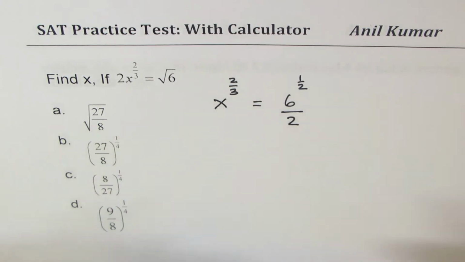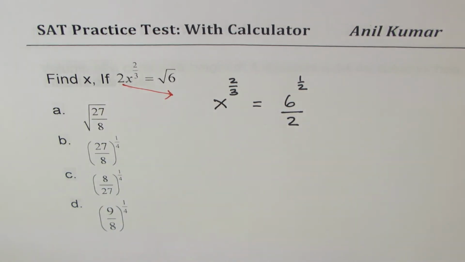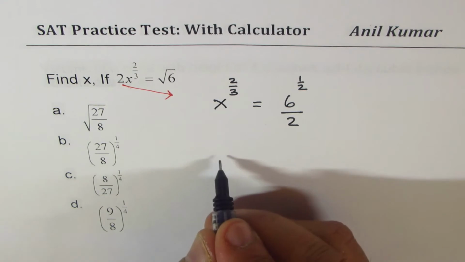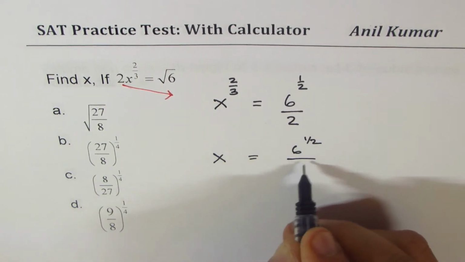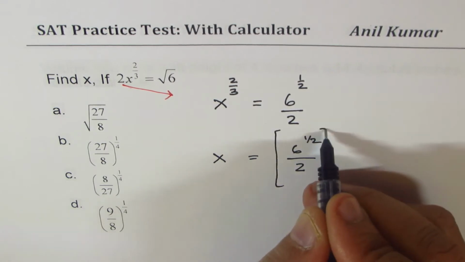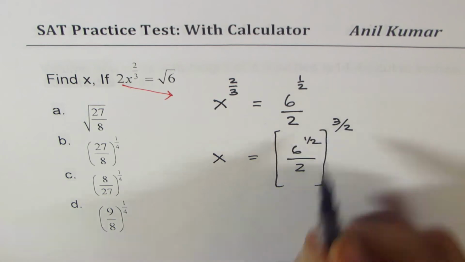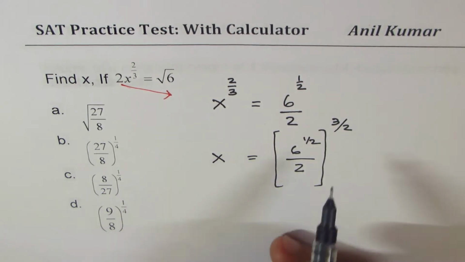So from here, we have cross multiplied. So we have brought it down. Divide both sides by 2. Now we need x. So x is equal to 6 to the power of half over 2, everything to the power of 3 over 2. So both sides will get the power 3 over 2.